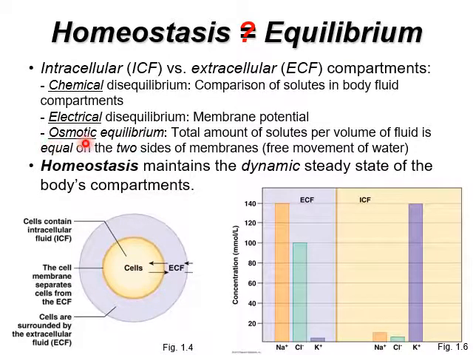There's an osmotic component too, and we will be spending a good amount of time on osmolarity. But there is the total amount of solutes. If you took all that's dissolved in the solutions inside the cell and outside the cell, and again, if you're not understanding solutions, we're going to be talking about solutions when we get to chemistry, but basically solutions are a solvent and a solute.